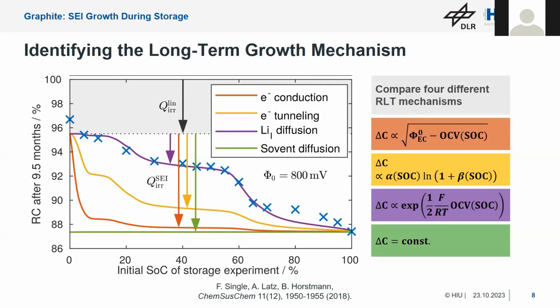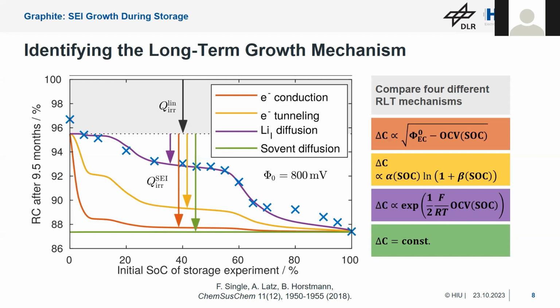What you can see is that solvent diffusion does not have any SOC dependence. Electron tunneling has some SOC dependence that doesn't fit, and electron conduction also has an SOC dependence that doesn't really fit.